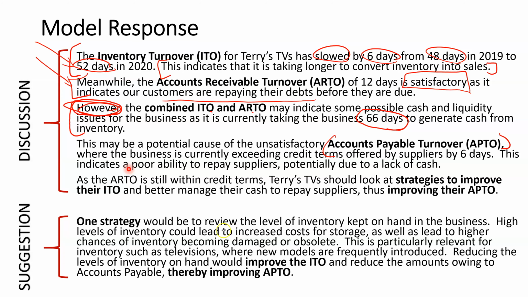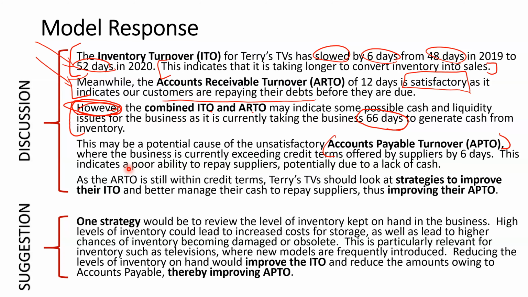So you can see I'm going to review the level of inventory, and I know that average inventory level is a really big part of the calculation of ITO. And then I'm going to talk about why this is going to help improve the ITO. It's going to decrease my costs of storage. It's going to decrease my risk of loss, decrease my risk of write-down. And I can also then connect it to the particular business.